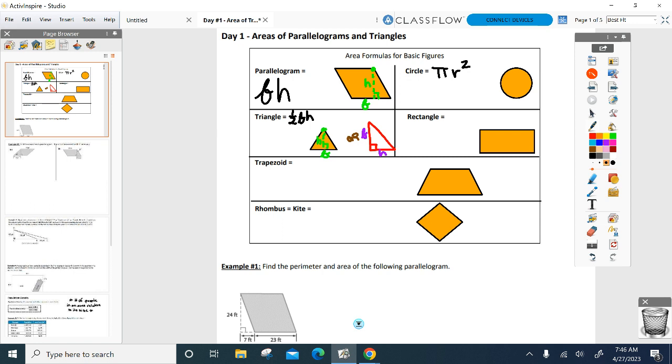Anybody know a rectangle? Come on. That's old school. Length times width. And the two we'll focus on tomorrow, trapezoid. 1/2 the height times the two bases added together.